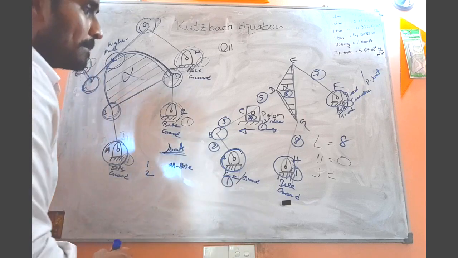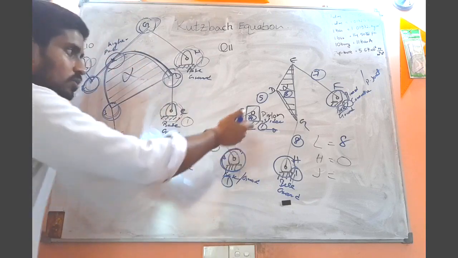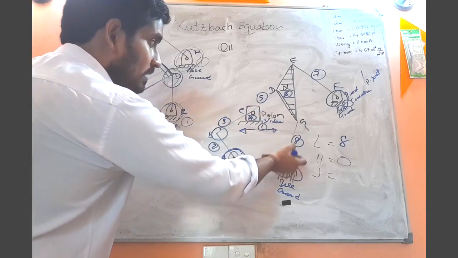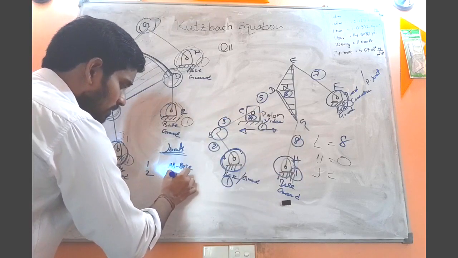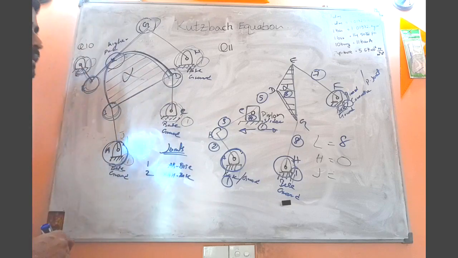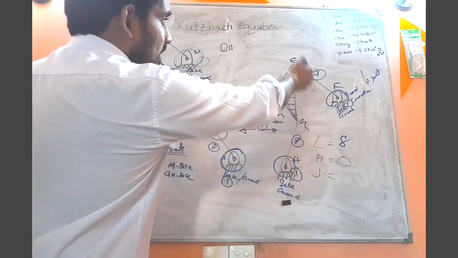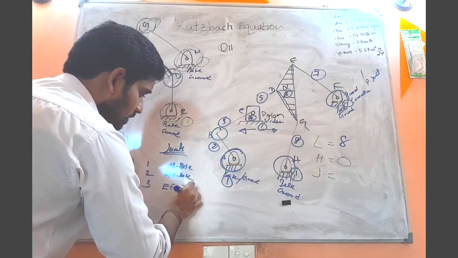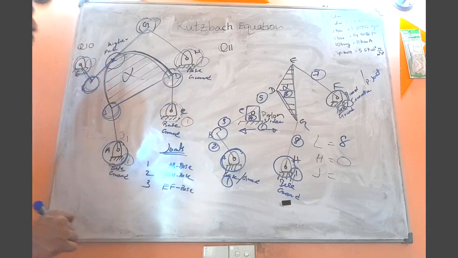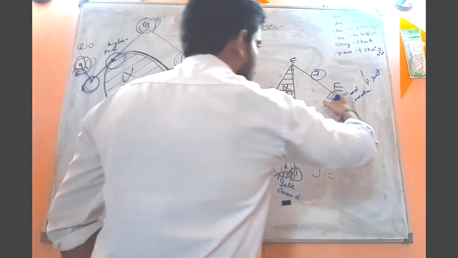Second joint is the joint that is required in order to connect the link GH to the base. Okay. Third joint is a joint that is required in order to connect the link EF to the base. Okay. So this is clear.